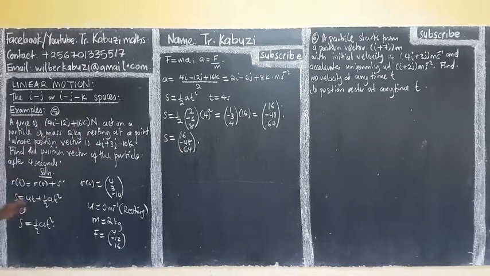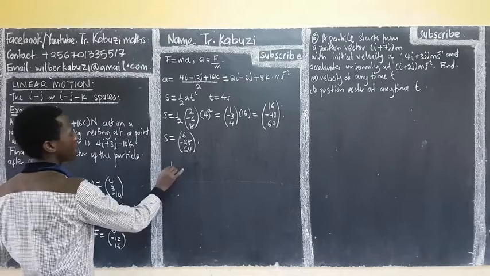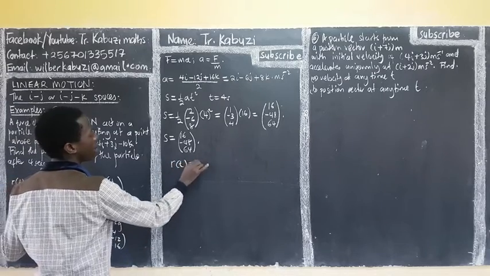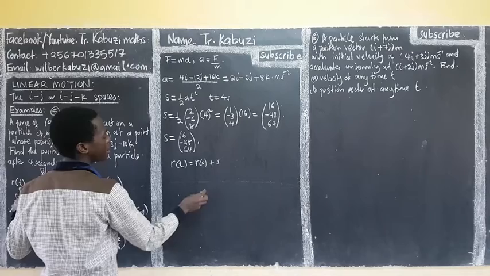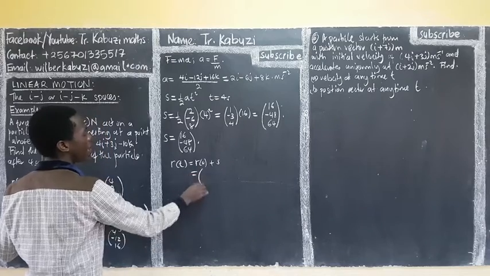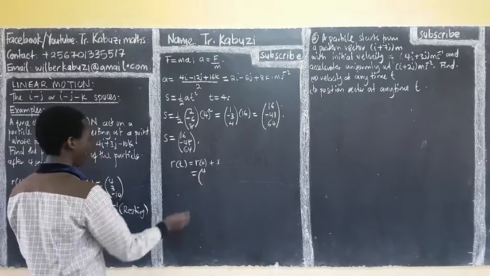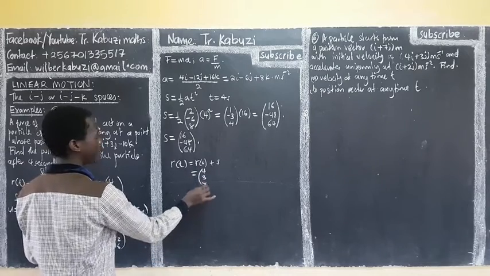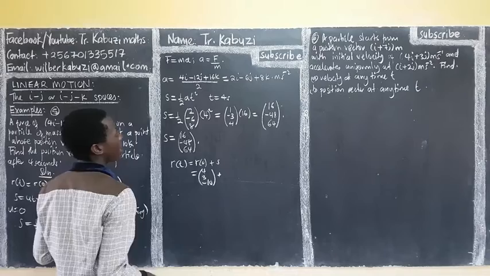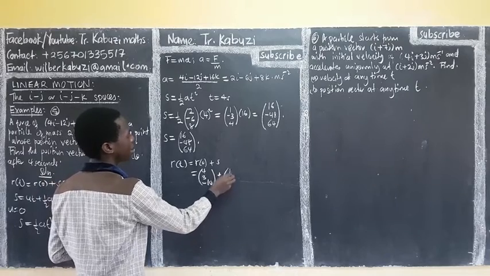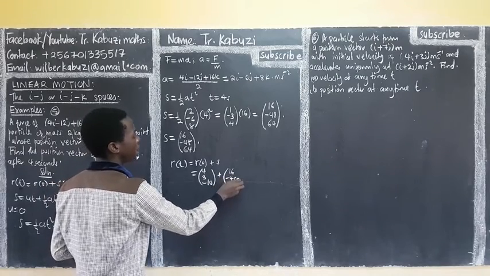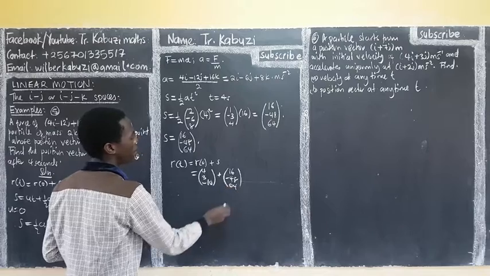Then get our r(t), which we said is r naught plus s. Our r naught was (4, 3, -10), plus our s, which is (16, -48, 64).